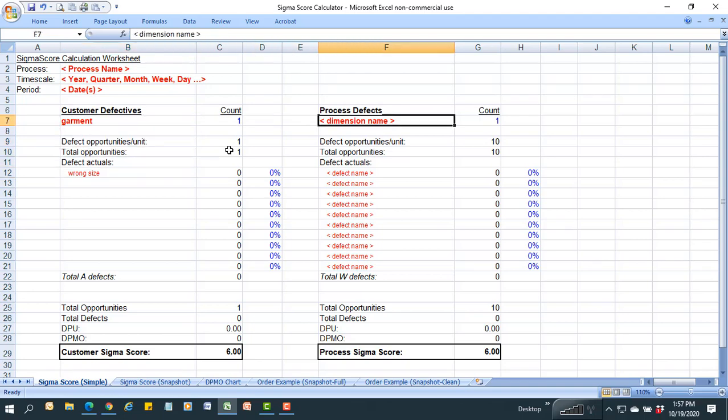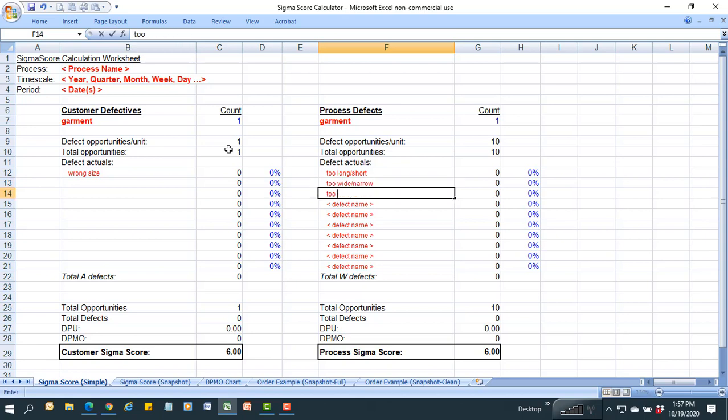So to keep it simple, we'll look at the internal process the same way, measuring a garment. But on the internal side, we might look at something different. We might make it too long or short, so wrong length. Okay. Too wide or narrow.